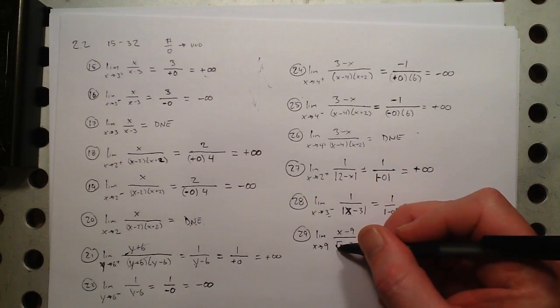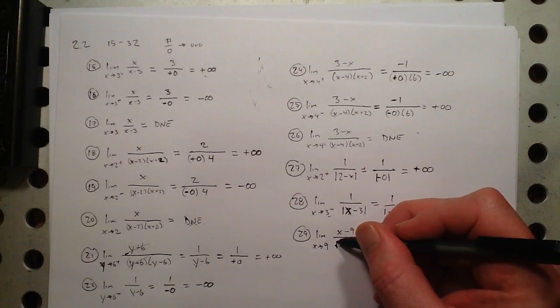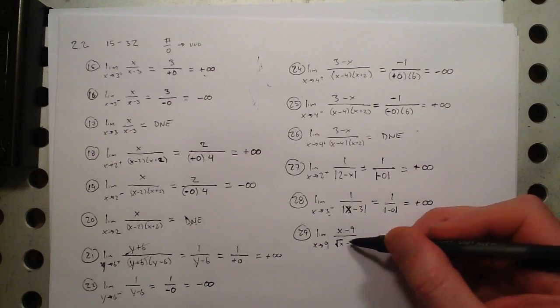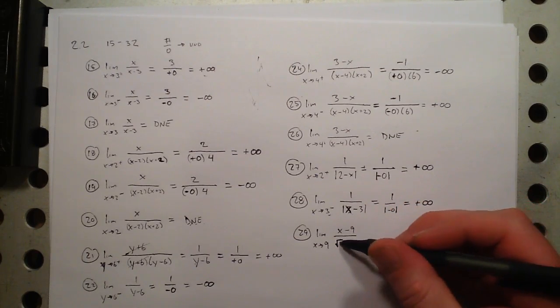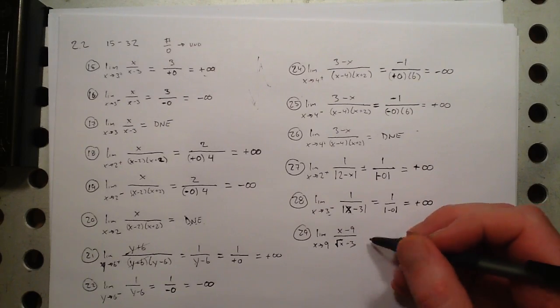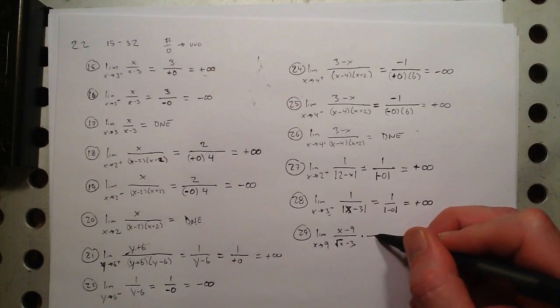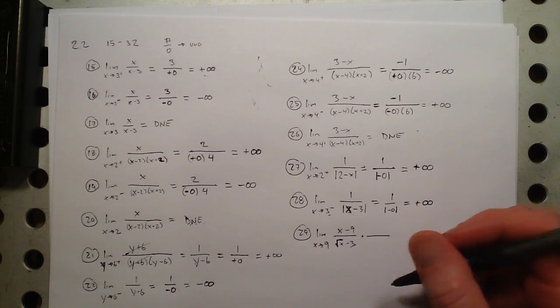If you just let your algebra instincts loose on this, since there's a square root there, square root minus something, you might have an instinct to multiply by the conjugate. This is a little trick. We're going to use some in Chapter 3 also.